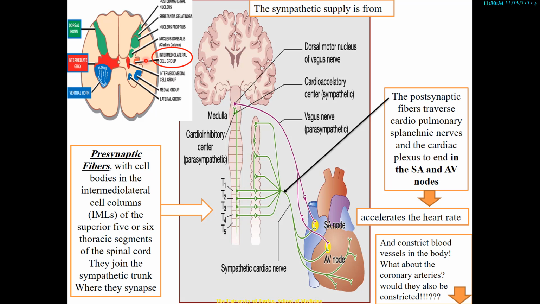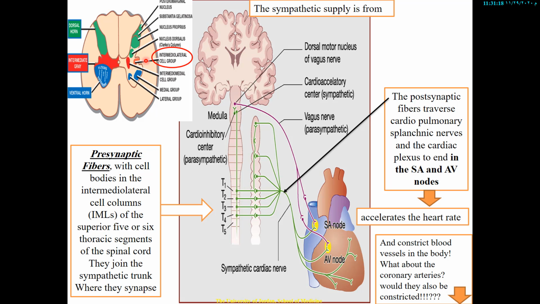So we used to say the sympathetic cells in our body are located only in these columns and only in certain segments of the spinal cord, T1 until L2, and therefore we used to say thoracolumbar outflow, from the thoracic segments and the upper two lumbar segments. So if you need sympathetic, these are the places where you can get them from.